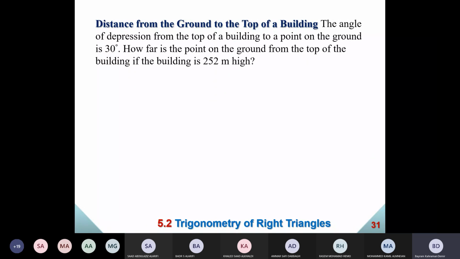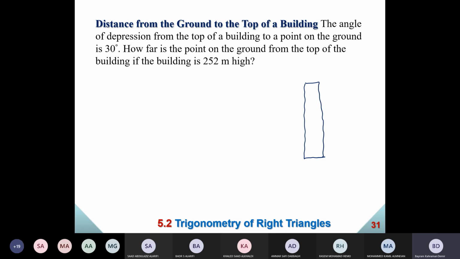Distance from the ground to the top of a building. Now here is the question that we didn't give you the image for in the exam. The angle of depression from the top of a building. All right, let's sketch a building. Here is a building, Shabab.